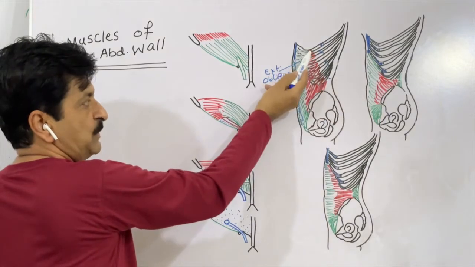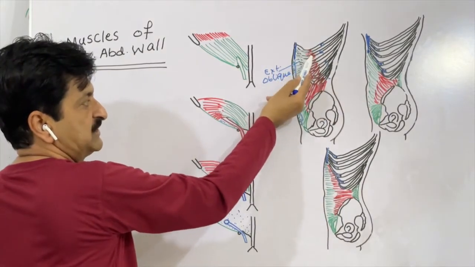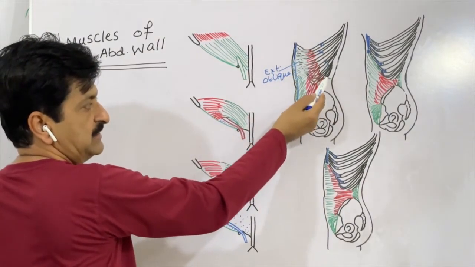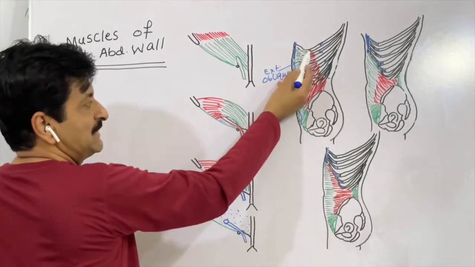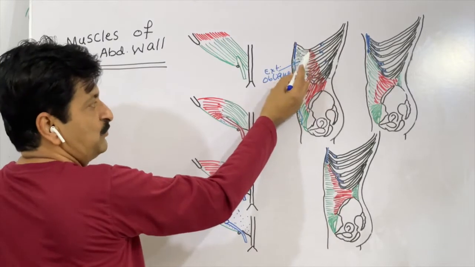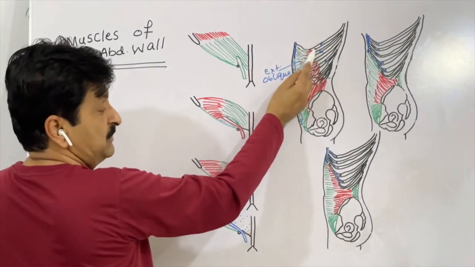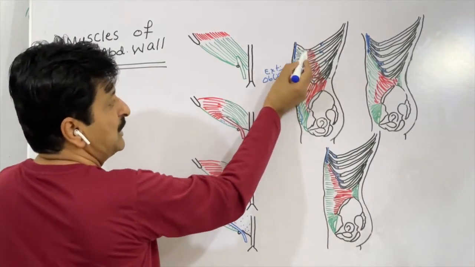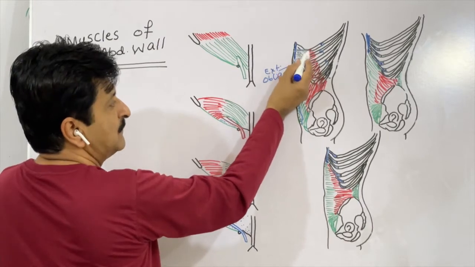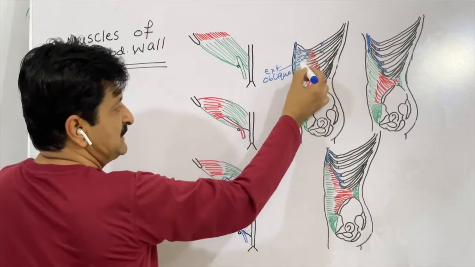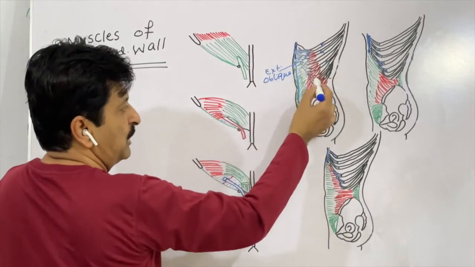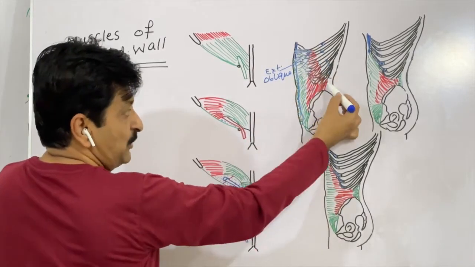These fibers coming from these ribs, the upper fibers taking origin from the 5th rib, will be almost horizontal. And gradually they will become oblique, progressively more and more oblique, until the 12th rib comes.